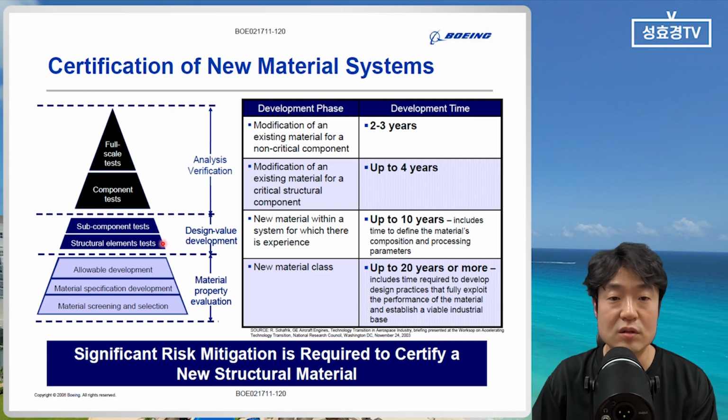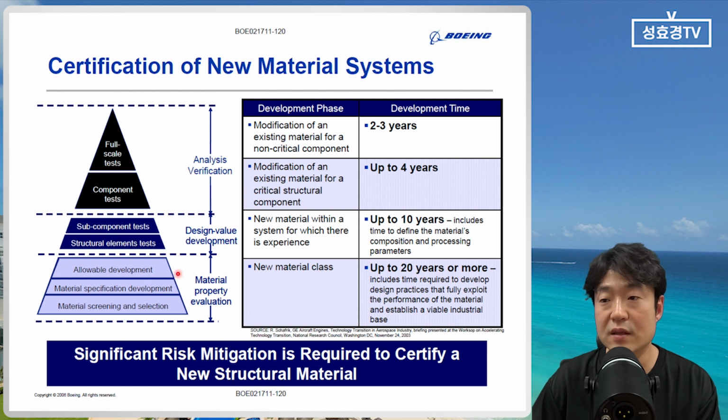But this time, for the components, not just for the material, so you don't need to do it. And after that, the components full-scale test means the full body of the airplane. So this is the final stage. But at the first stage, at the bottom of this pyramid, a lot of tests are done and a lot of data is required.